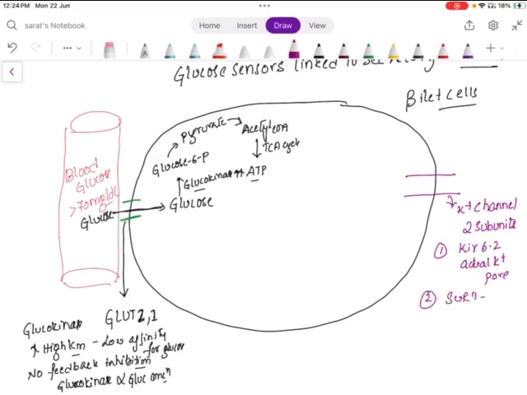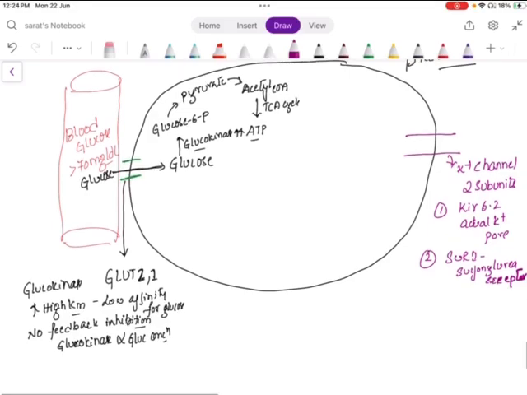And there is the SUR1 subunit, which is a sulfonylurea receptor, and this is a regulatory subunit.